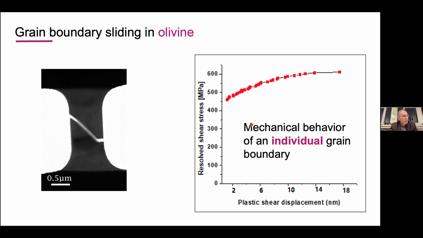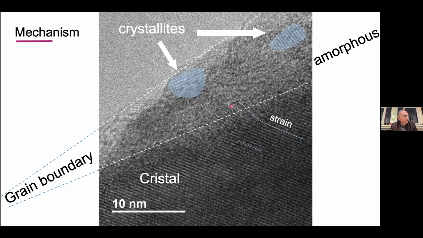Then, of course, we want to do some characterization. So we look at the fracture after the sliding, and indeed we see that we have amorphization. The grain boundary which was gliding a bit was amorphized, and it's interesting to see that in this amorphous or amorphized grain boundary, we do see some tiny crystals, some tiny crystallites, which were remaining.